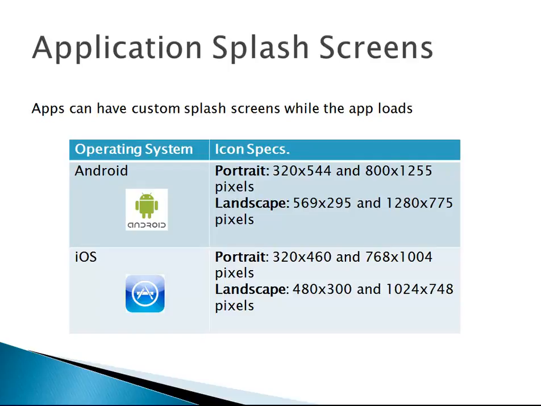For iOS, you want your portrait splash screen to be 320 by 460 and 768 by 1004. And landscape will be 480 by 320 and 1024 by 748. So these are very important sizes to remember.